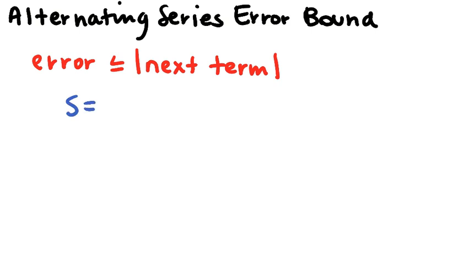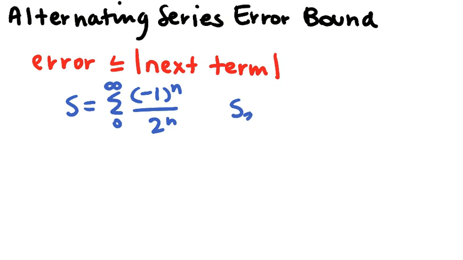If I had some sort of infinite series, like, I don't know, the sum from 0 to infinity of -1 to the n over 2 to the n, and we used 3 terms to approximate s. Okay, so s3 equals, starting with 0, that's 1 minus 1/2 plus 1/4.